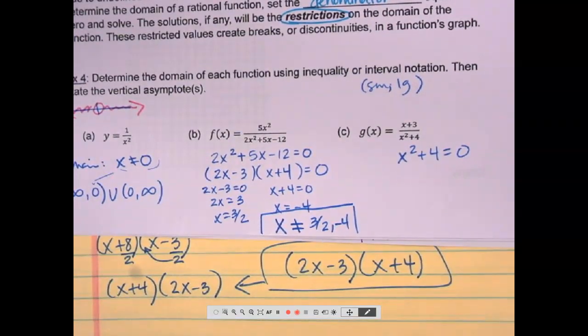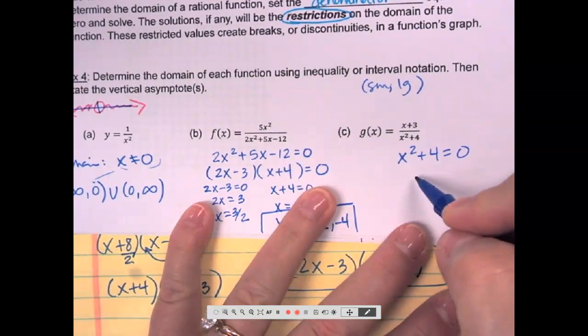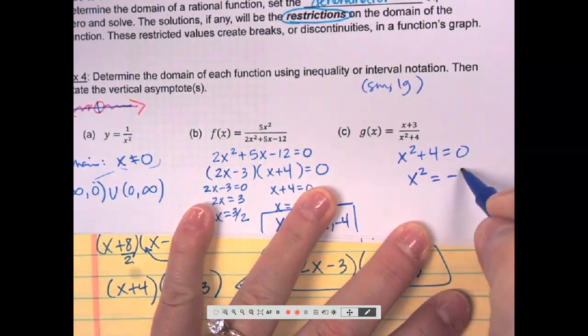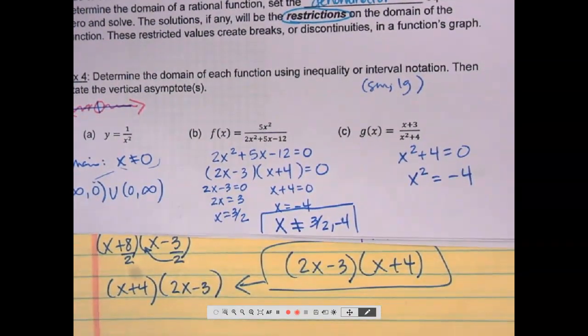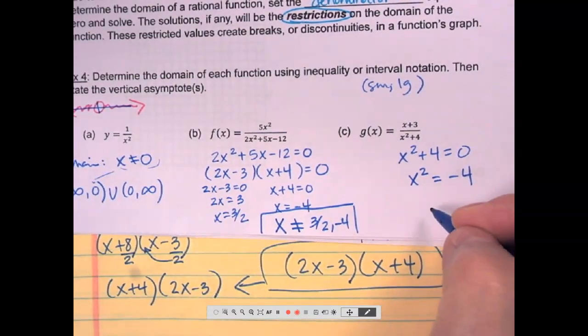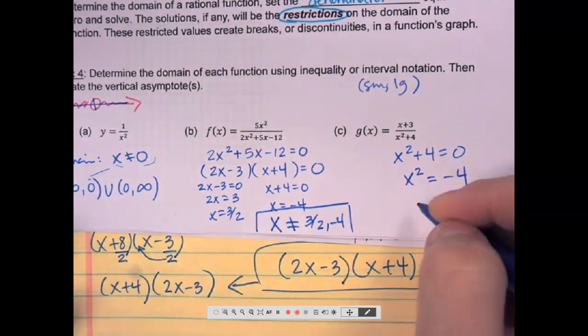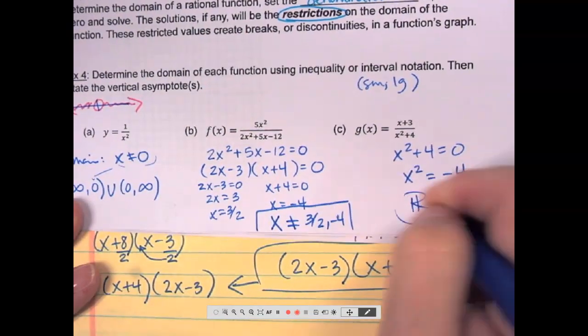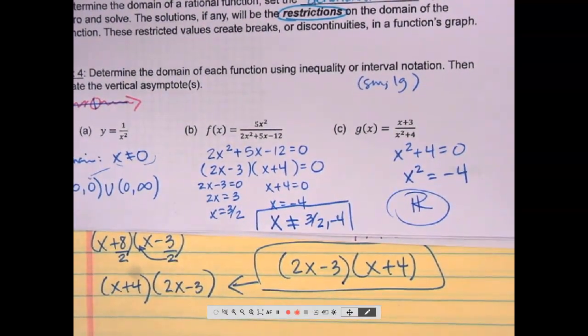Nothing will make it 0. Okay, so look, if I do this, what number can I square and get -4? Okay, an imaginary number. We're not dealing with imaginary numbers. So there's no real number that I can square and get a negative anything. So what is my domain? What's the restriction? Yeah, no restriction. Domain is all real numbers. Nothing makes it 0 in the bottom.